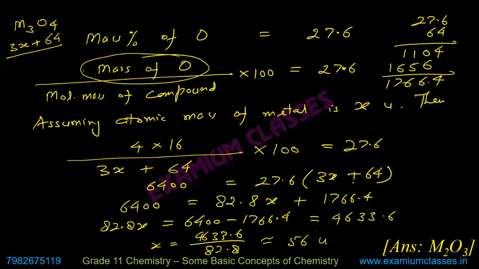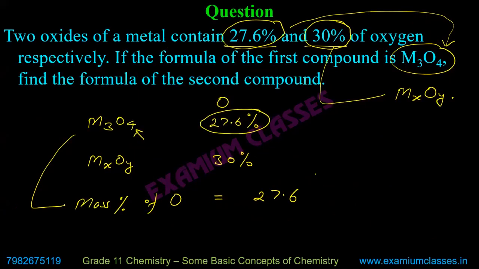Now, how to use this value? Oxygen is 16 u, and metal is 56 u. How to use it to find the formula of the other one?